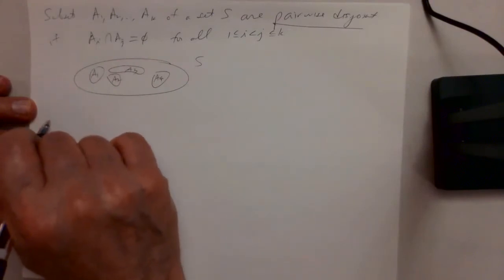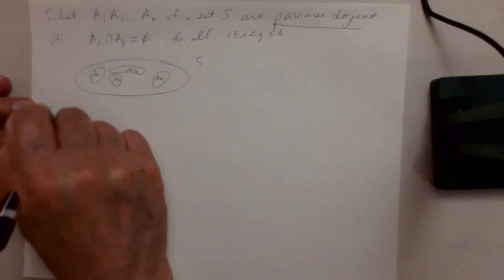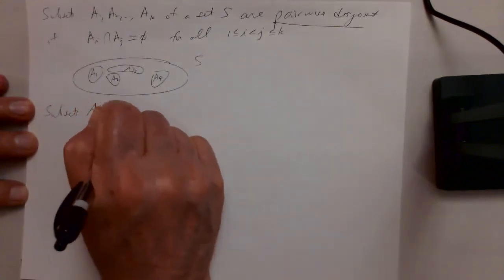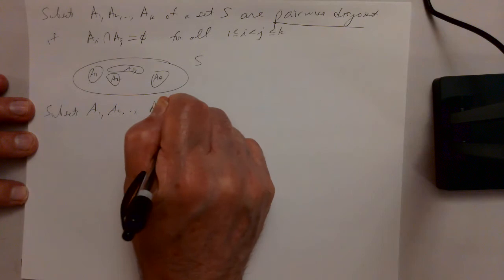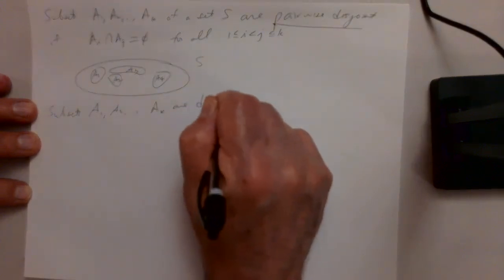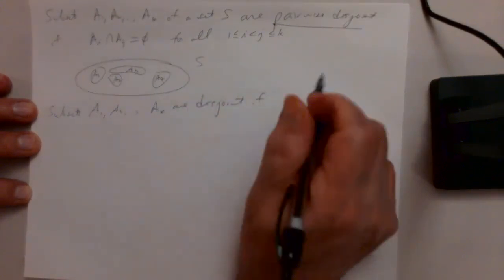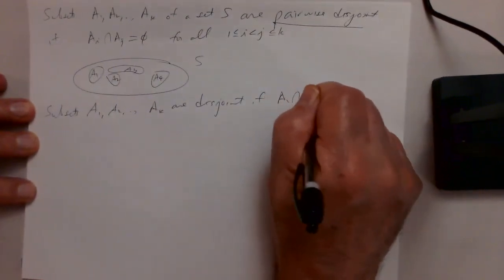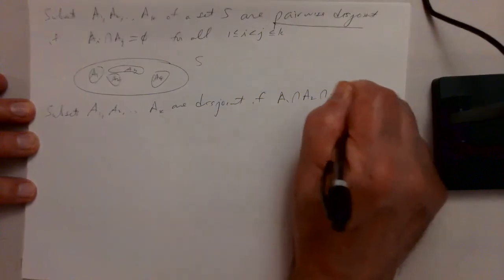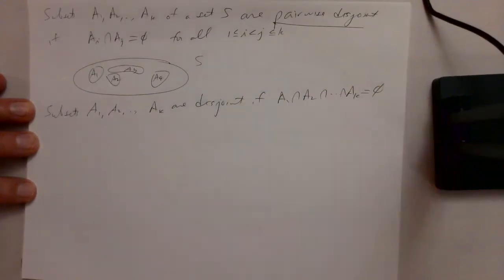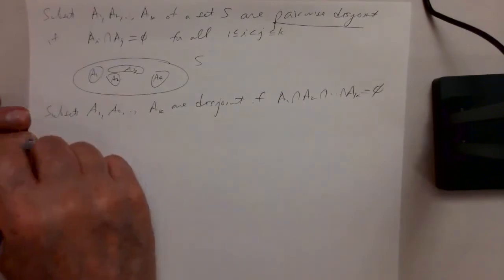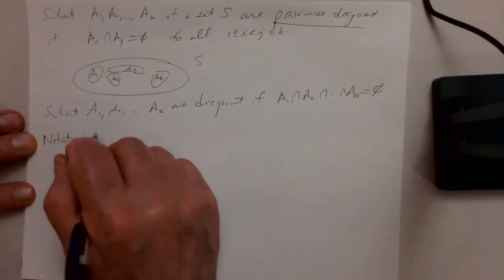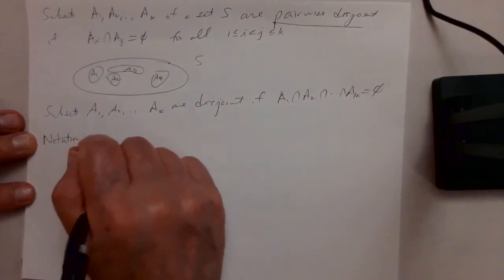Simply disjoint for a family of sets means subsets A1, A2, up to A_k are disjoint if the intersection of all of them is empty. So I had defined earlier the intersection of two sets, and I defined the union of two sets.